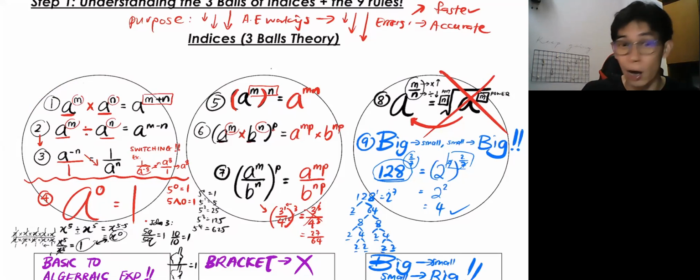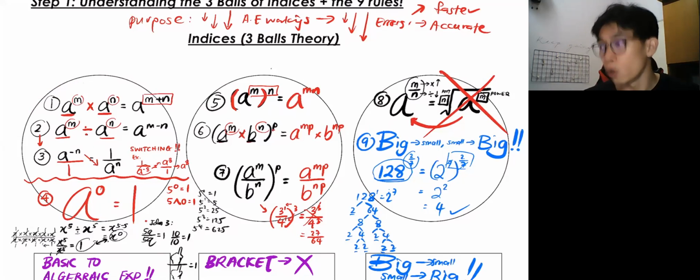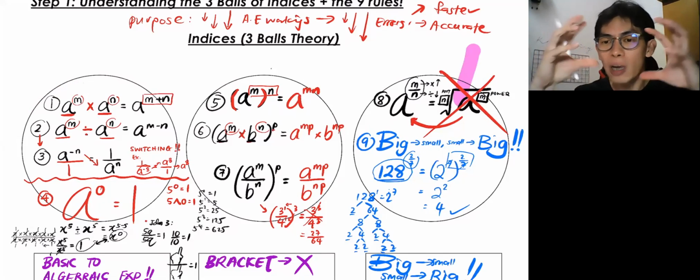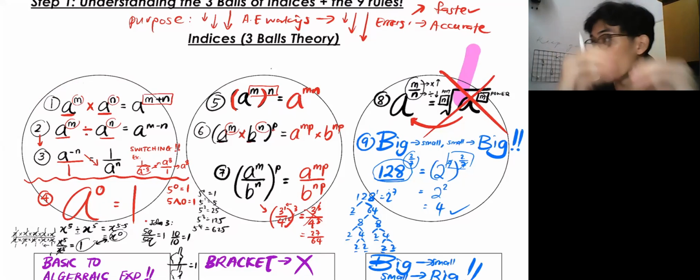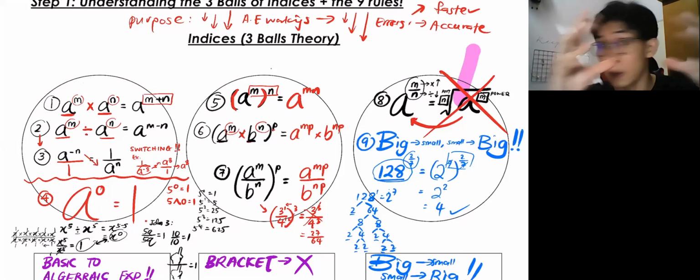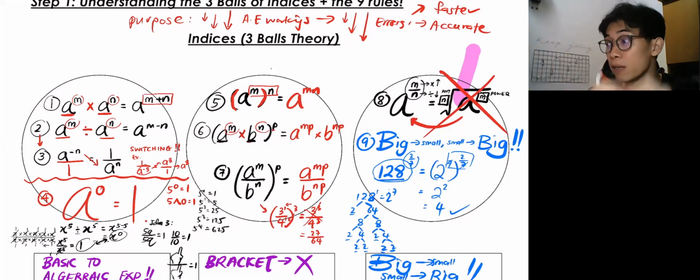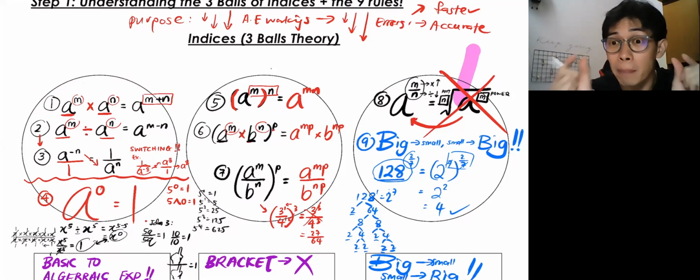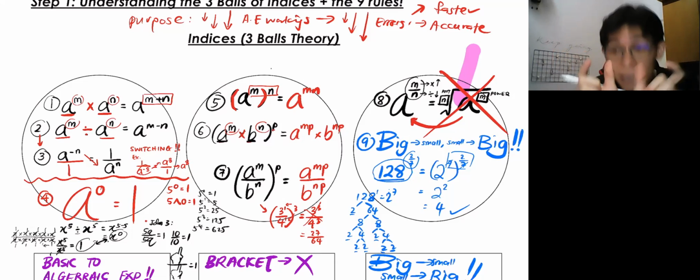Eventually I noticed that indices is not like this. You always start with this as your first step, the last rule. What is big, you make it small. Why? Because when you take all those big bases, 128, 243, 32, 625, you make them small, and eventually they become small prime numbers, and all those little numbers become the same base.